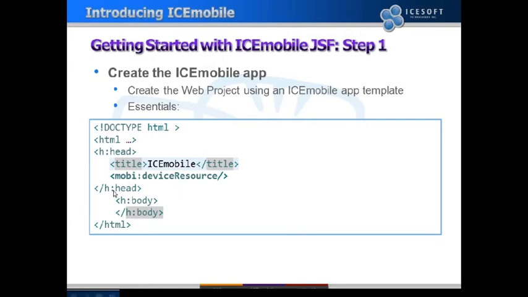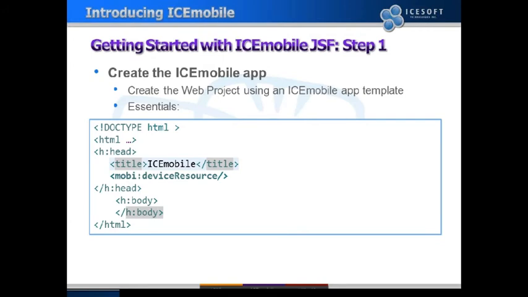Now, the first ICEmobile component that we're going to look at is one called device resource. So you can see it's placed in the head here. We have the JSF head and body tags, and Mobi device resource is placed inside the head. Now, what device resource does is it automatically does device detection and will download or inject the necessary resources for the particular device.